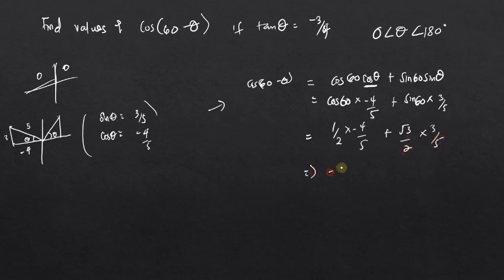This will give us negative 2 over 5 plus 3 root 3 all over 10. So we find LCM 10: negative 4 plus 3 root 3 over 10. Yeah, so this is your final answer.